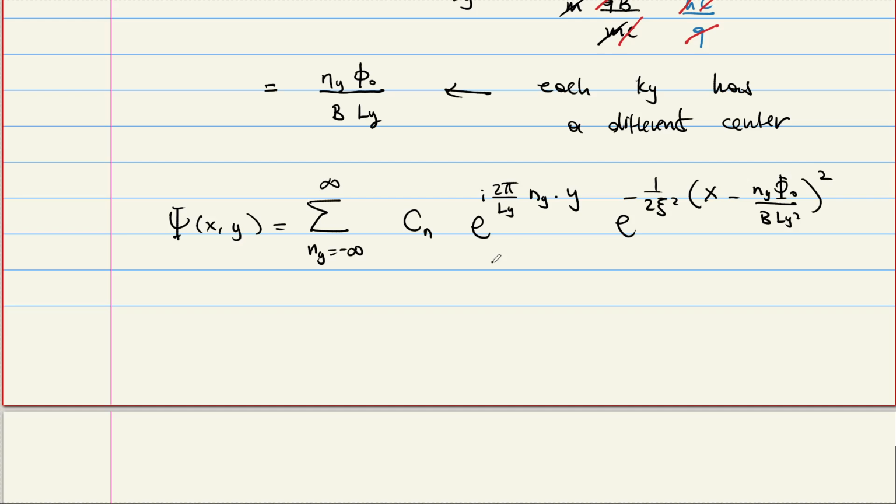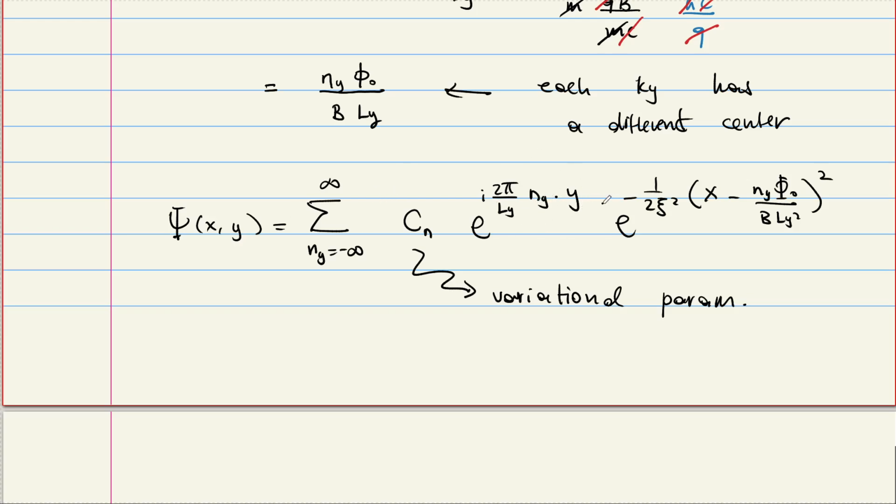And he considered these to be, if you want, variational parameters to be found from the energy minimization. You can see this equation is already periodic in the y direction, right? Because that's how we built in these factors.